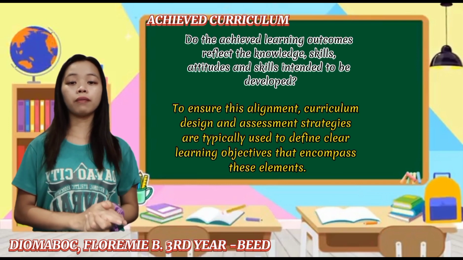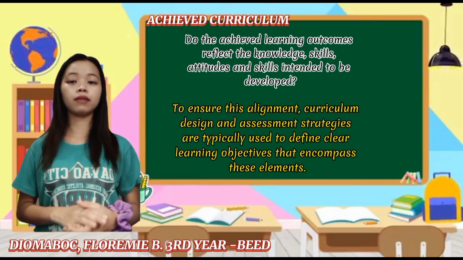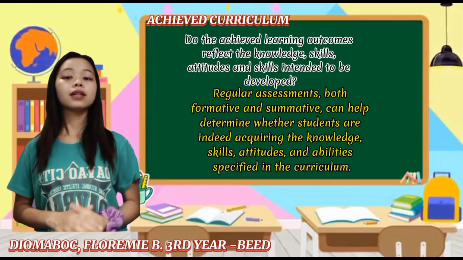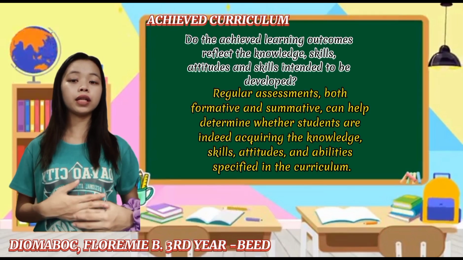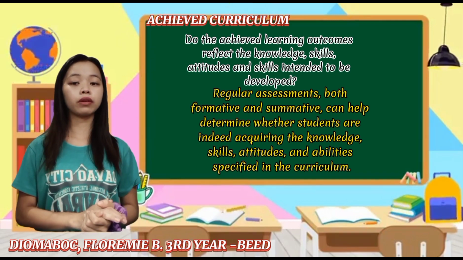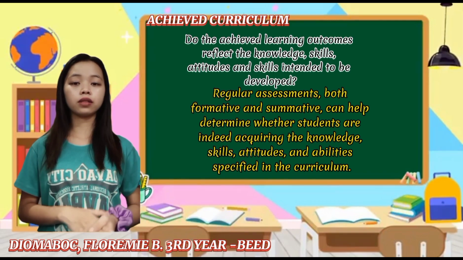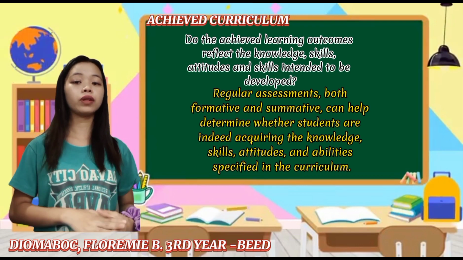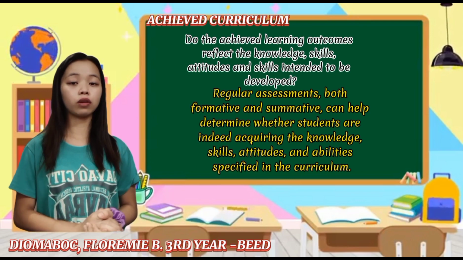Regular assessments, both formative and summative, can help to determine whether students are indeed acquiring the knowledge, skills, attitudes, and abilities specified in the curriculum. Adjustments and improvements of teaching methods, materials, and assessments may be needed if there is misalignment between the intended and achieved learning outcomes.